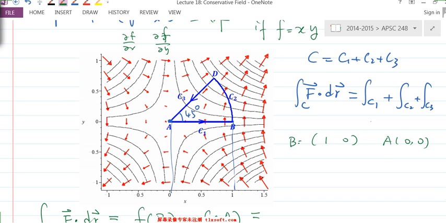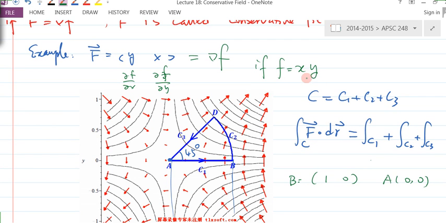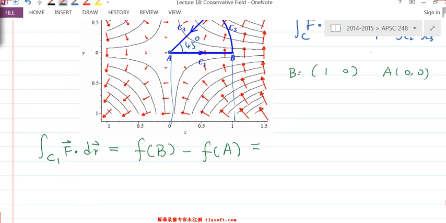You probably have a question here: how do you know f is xy from the given vector field? That's what we're going to deal with next. Given vector field F, how do we find the scalar function f, or whether there exists a scalar function f such that del f gives us this vector field F? Anyway, the function f is xy.